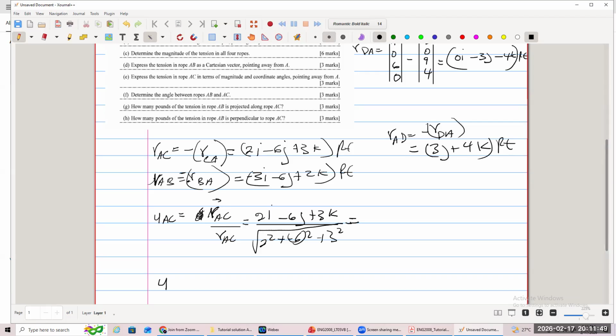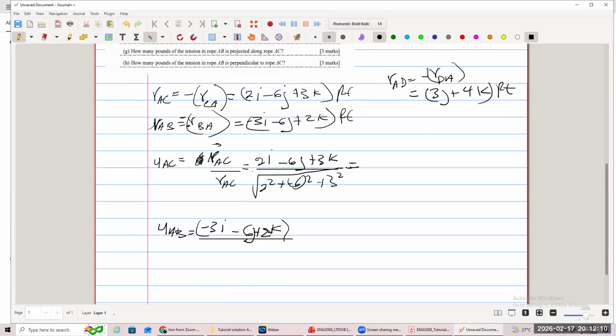And the next one, UAB, is going to be equal to minus 3i minus 6j plus 2k. You divide that by its modulus. What's its modulus now? That will be 9 plus 36 plus 4.